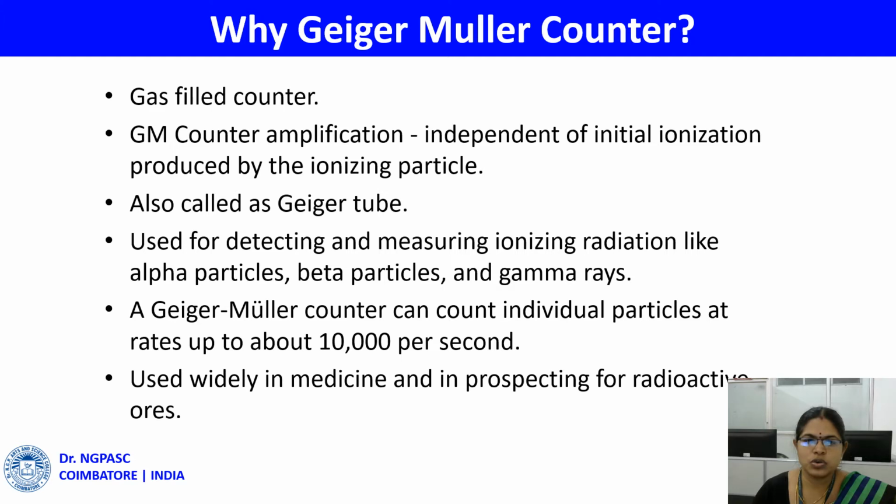In GM counter the amplification is independent of initial ionization produced by the ionizing particle. It is sometimes called a Geiger tube. It is used for detecting and measuring ionization radiations. It can count individual particles at rates up to about 10,000 per second. So this is an important advantage of using Geiger-Müller counter. It is widely used in medicine and prospecting for radioactive ores.